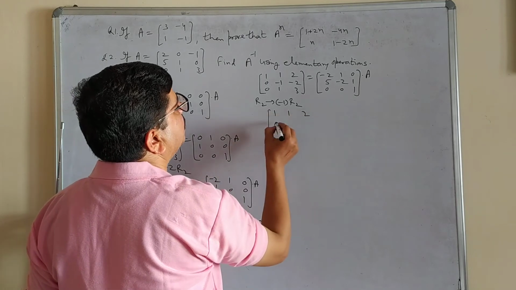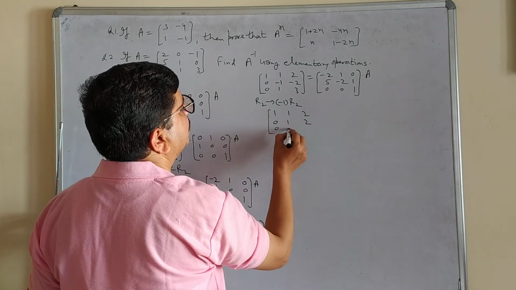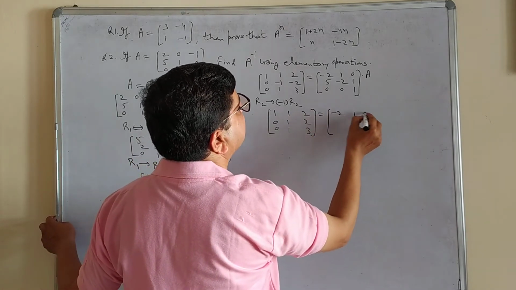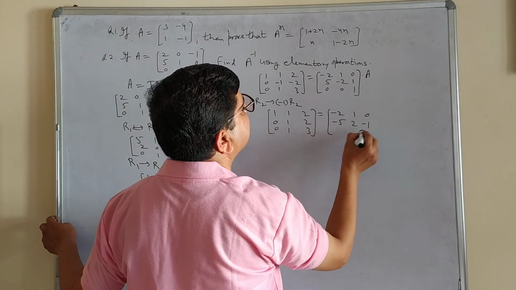So it is 1 1 2, 0 1 2, 0 1 3. Right hand side also minus 2 1 0, minus 5 2 minus 1.